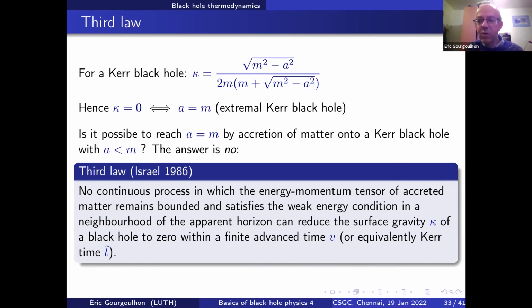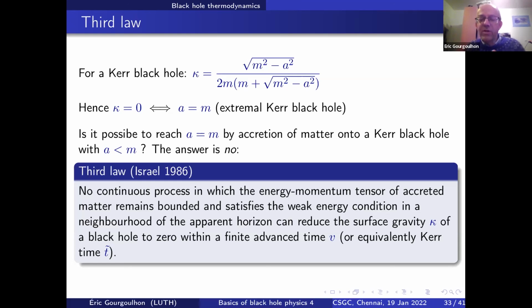And so we may ask the same question for black holes. Take a black hole with a non-zero temperature, so it means kappa, the surface gravity, being non-zero. And the question is, can I, by some physical process, bring this black hole to a zero surface gravity, to kappa equals zero? So this is the question.